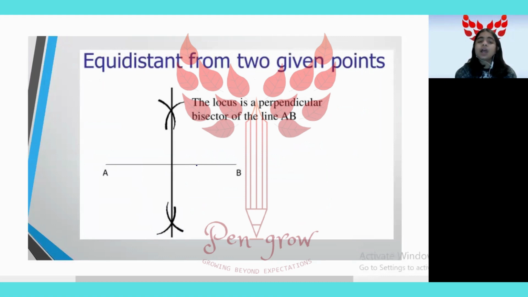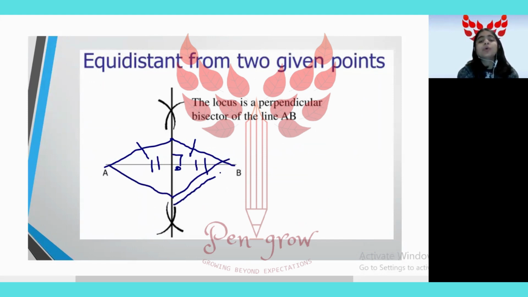So basically, if I take any point on this line and join it to A and B, these 2 distances are the same, because this is 90 degrees and it is already dividing AB into half and half. It is basically bisecting it as well. So let's say if I name this point O, AO is equal to OB, so it will form an isosceles triangle at any point. At any point, I actually drag both of them, right?